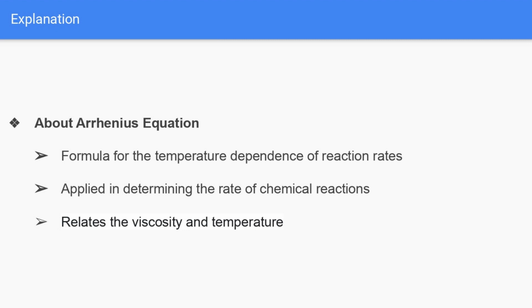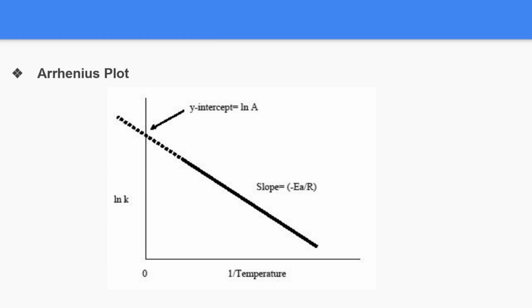The y-intercept of the straight line is log A. I repeat, the slope of the Arrhenius plot is equal to minus Ea by R, and the y-intercept of the Arrhenius plot is equal to log A. We have seen that A is the pre-exponential factor, which is otherwise known as the frequency factor.